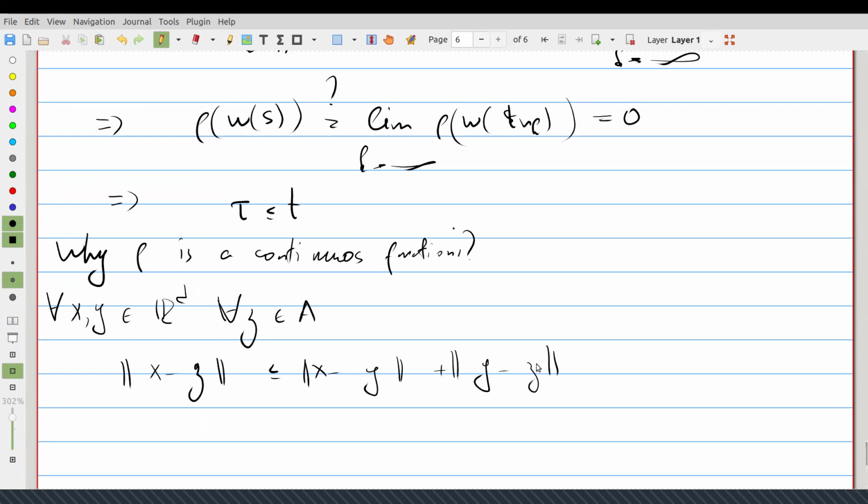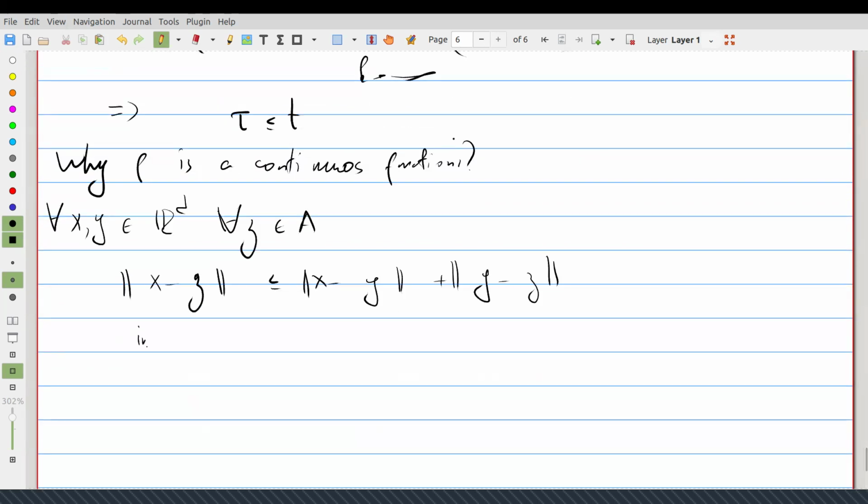Now, if you take the infimum on both sides, you can do this by yourself if you prefer to do it in terms of epsilons, but it's quite easy to understand why.